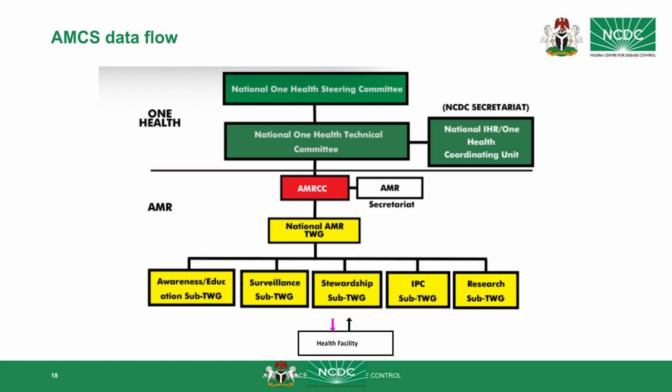It flows from health facility to stewardship sub-technical working group, and then to national antimicrobial technical working group, and then to antimicrobial resistance coordinating unit, and that flows into the National One Health Technical Committee, and then the National One Health Steering Committee. So that is the flow of data in antimicrobial stewardship program.